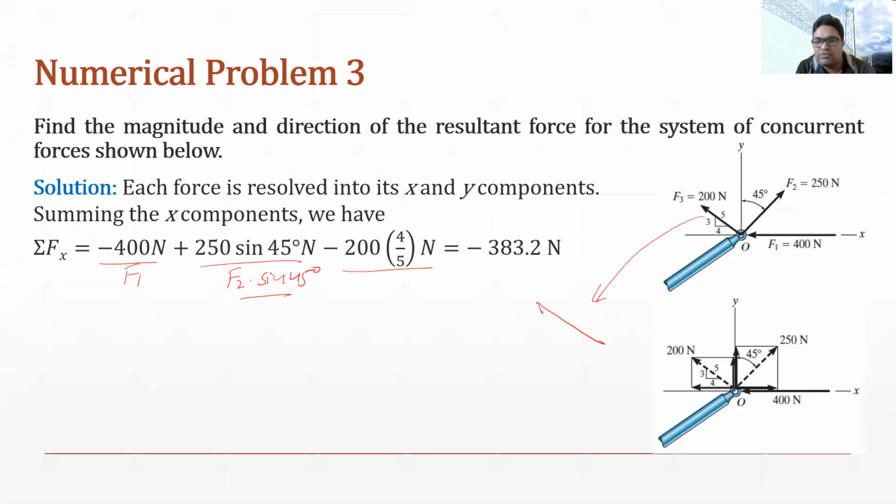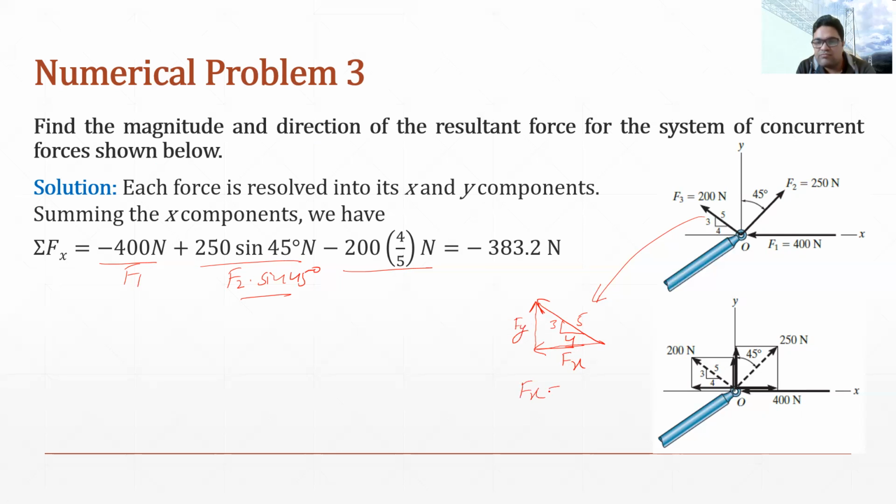This single force is shown like this, and the triangle on this force becomes 3 4 5. So this triangle will make a right triangle like this, with this component being Fx and this component being Fy.